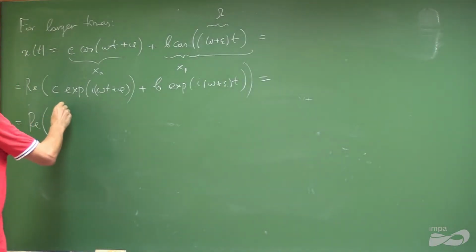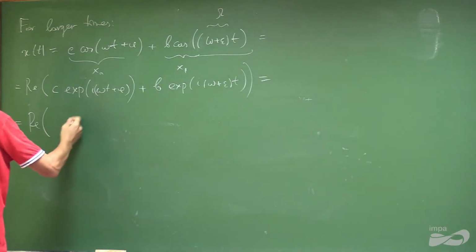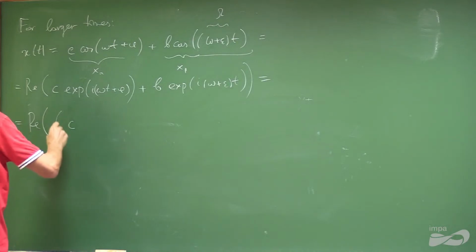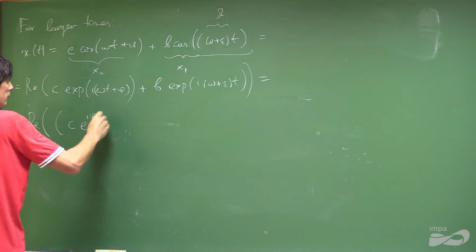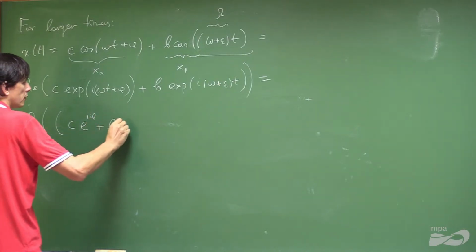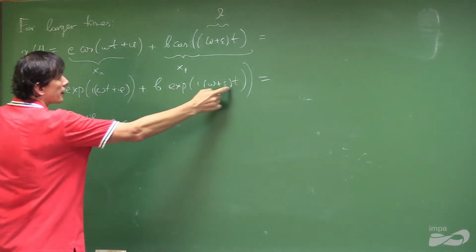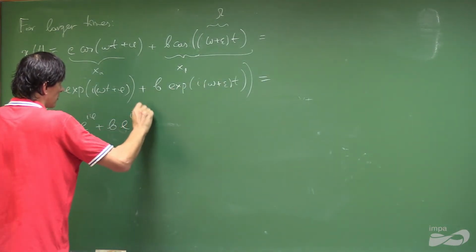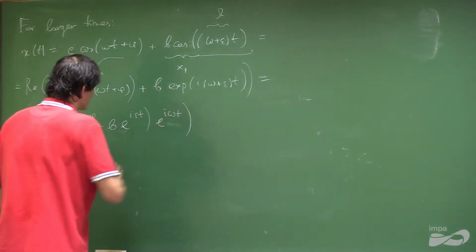Let's remove it later. So let's keep what will be left: exponent i phi plus b exponent of i epsilon t. So this is the first part, and then it will be i omega t. Like this.